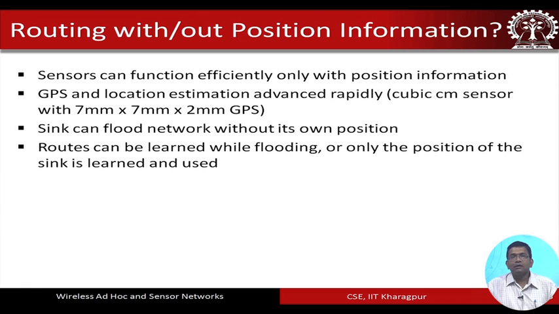Some hardware does not come equipped with GPS, in which case you have to perform routing without the position information known a priori, and in other cases, if the position information through GPS is known, then routing can be performed even more efficiently. So, both of these classes of protocols are required.